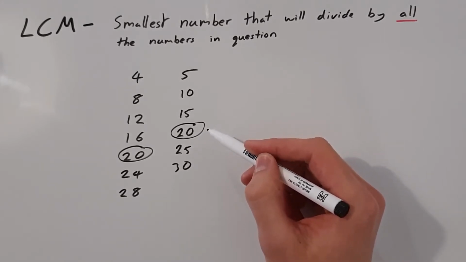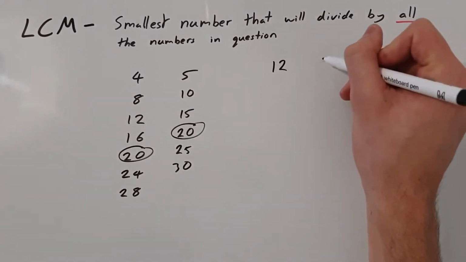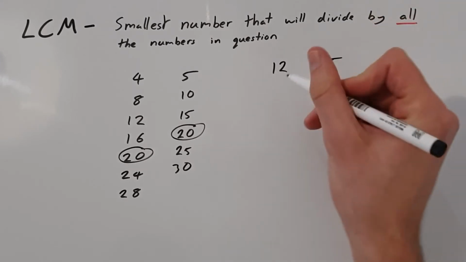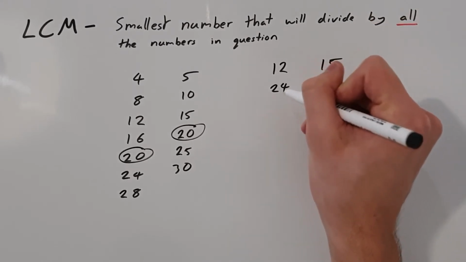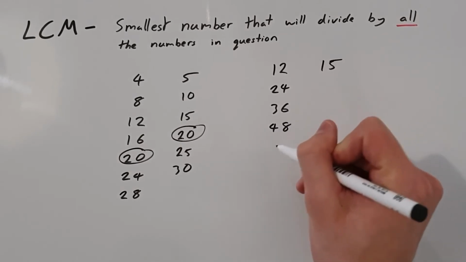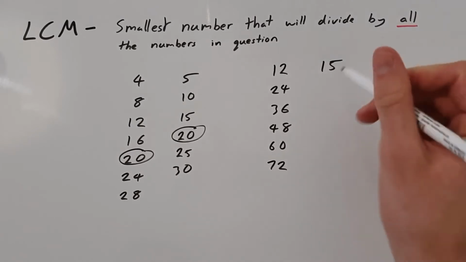So just to show you an example of where that isn't the case, let's now pick 12 and 15. Let's go down the 12 times table. We've got 12, 24, 36, 48, 60, and 72.